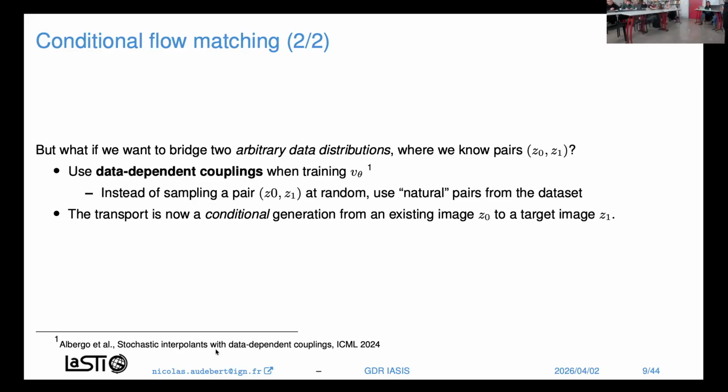So we are using this data-dependent coupling based on, I'm just going to sample what are the natural pairs, so the pairs of images that cover the same area in my datasets. And instead of giving you just generation, this gives you conditional generation, so image-to-image generation, basically.